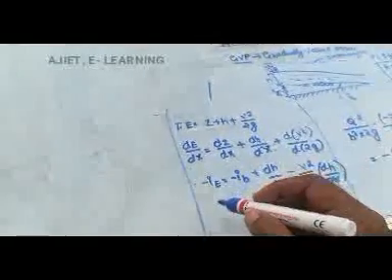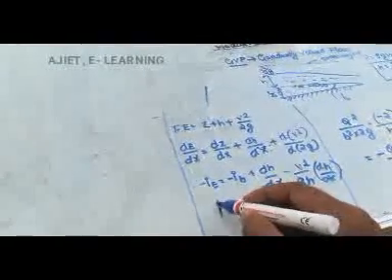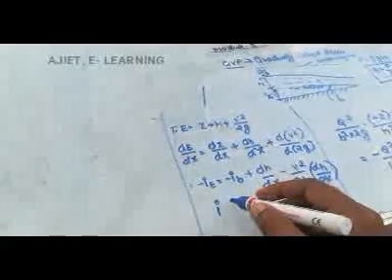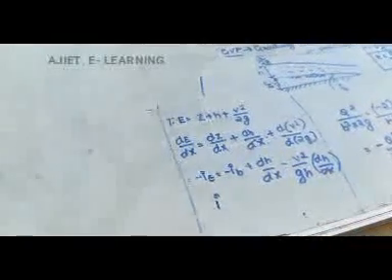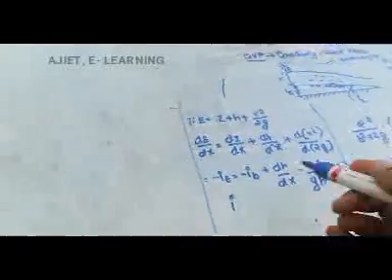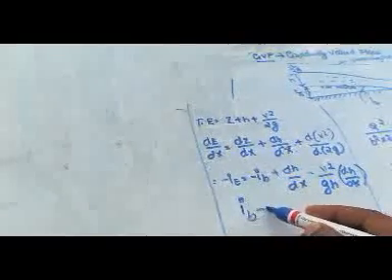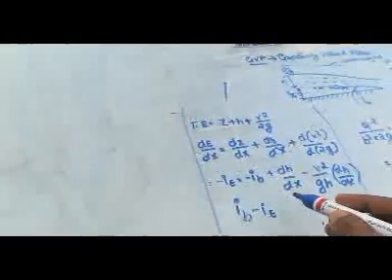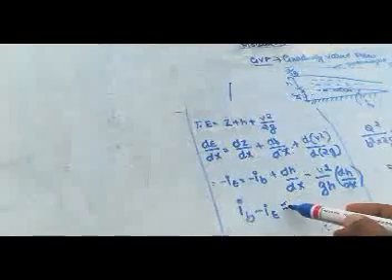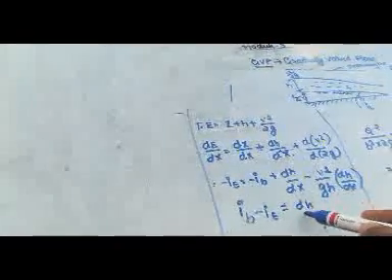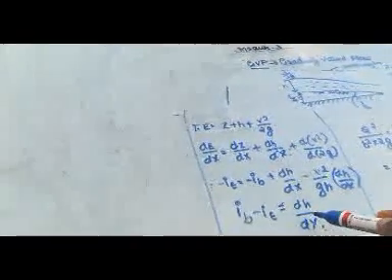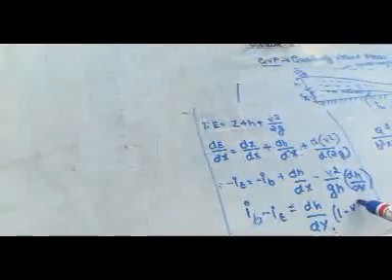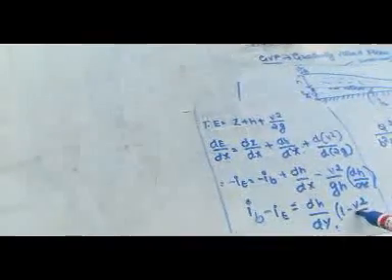So I can write it here, IB I am taking to this side: IB minus IE is equal to dh by dx, which I have taken common, 1 minus v square by gh.